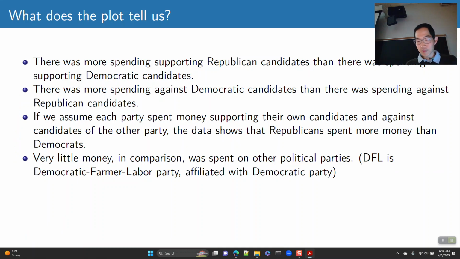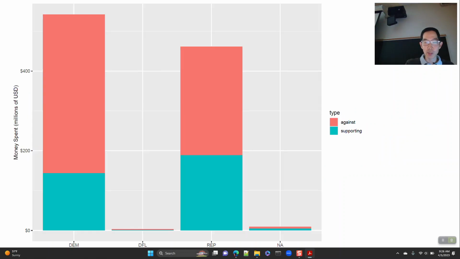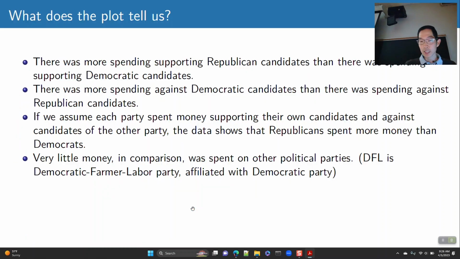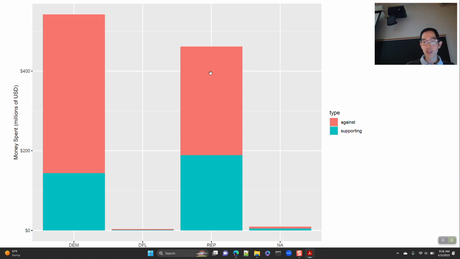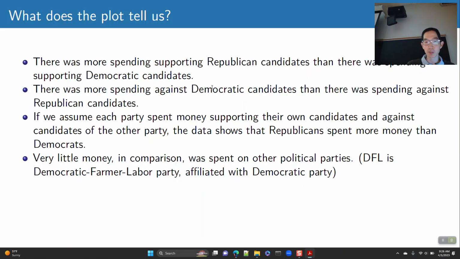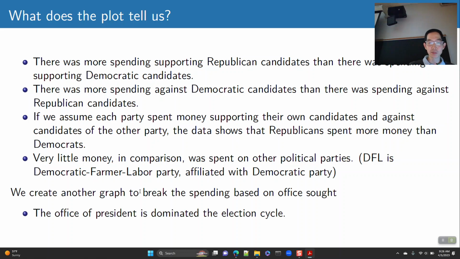There's more money spent supporting Republican candidates than supporting Democratic candidates, just looking at the supporting colors here. And then if you look at the anti, there was more money spent against Democrats over here than against Republicans over there. And very, very little money in some of these other parties, okay?